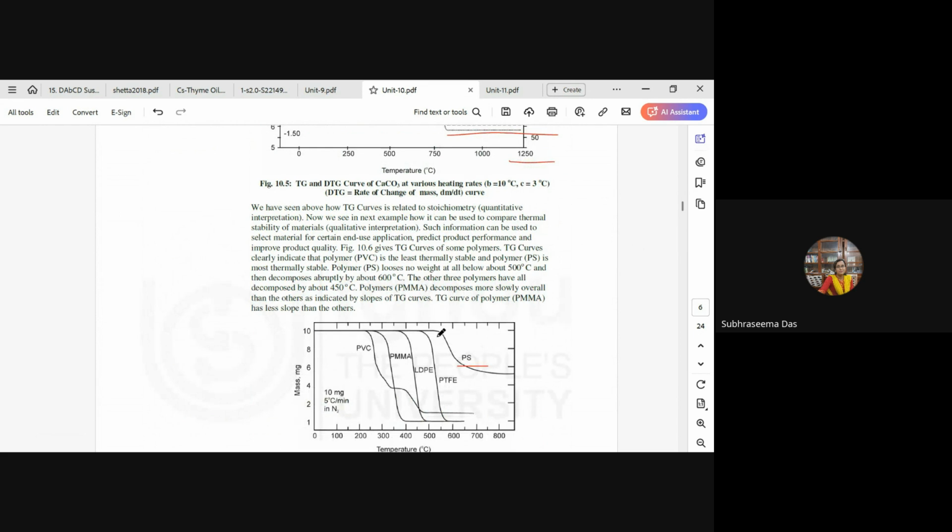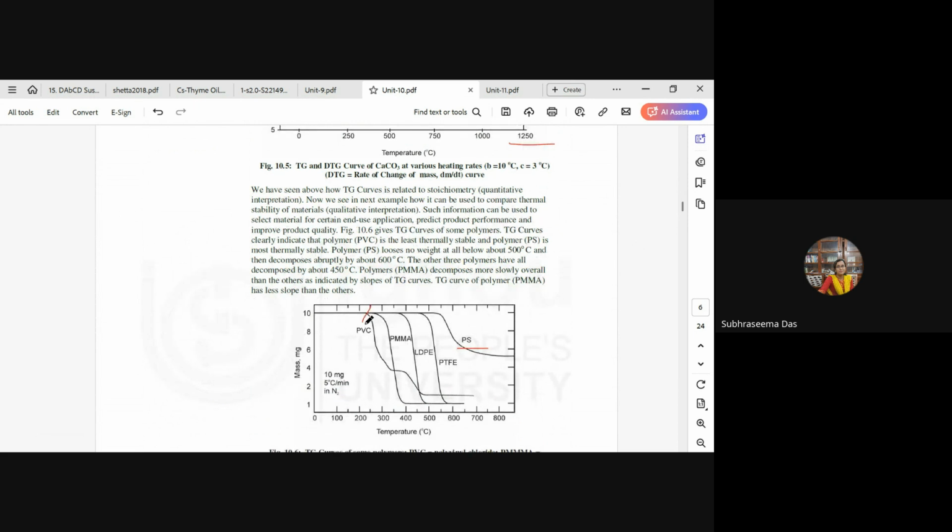Looking at these curves, we can indicate the thermal stability of the polymers. PVC is the least thermally stable, because the decomposition starts at almost 200 to 210 degrees centigrade.